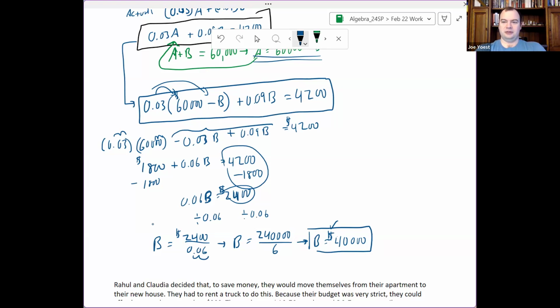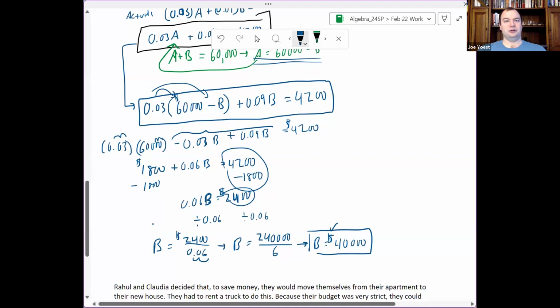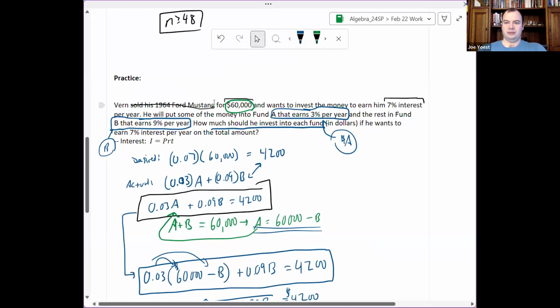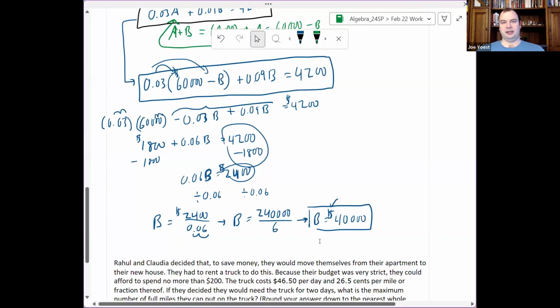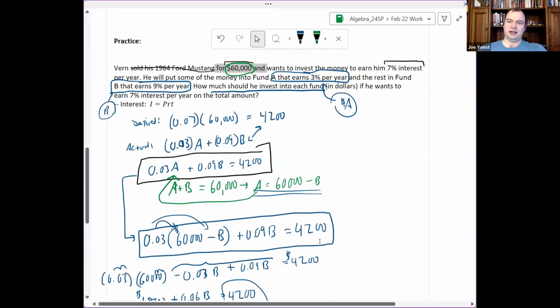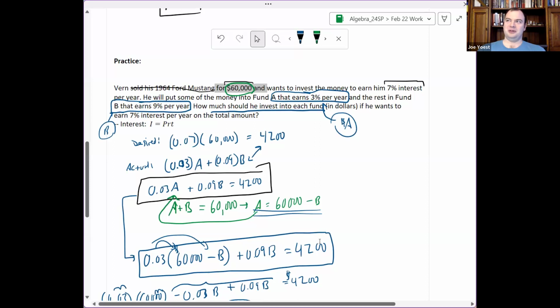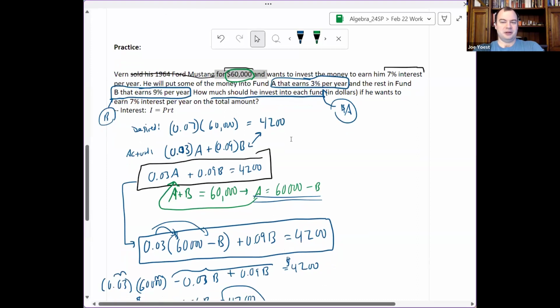Is the amount that I need to invest kind of like those two vinegar solutions? Is this bigger than 0 and less than 60,000? Yes, it is. If I had said I need to invest negative $20,000 in fund B, that probably doesn't satisfy the question we're asking, right? I suppose maybe you could say, well, I could go to the bank and take out a loan for 20,000 or something. I don't know, but that probably wouldn't satisfy the question here.